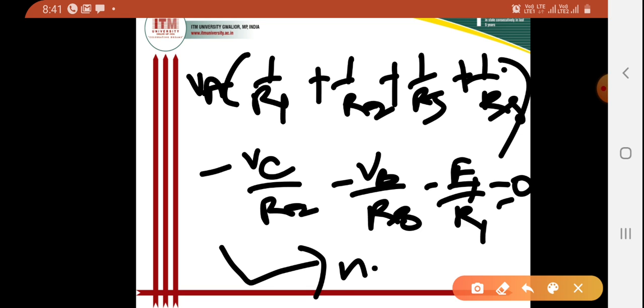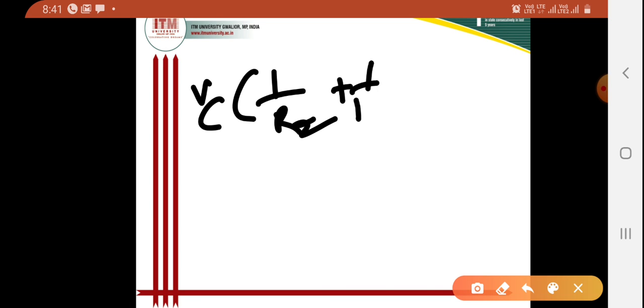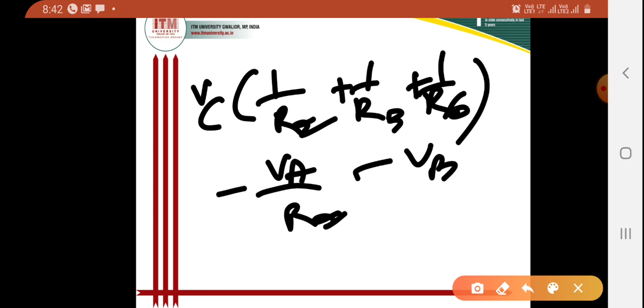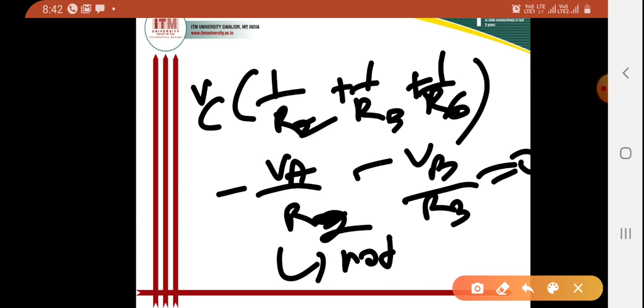Similarly, for node 2 I can write VC (1 by R2 plus 1 by R3 plus 1 by R6) minus VA by R2 minus VB by R3 is equal to 0, and this is for node 2.